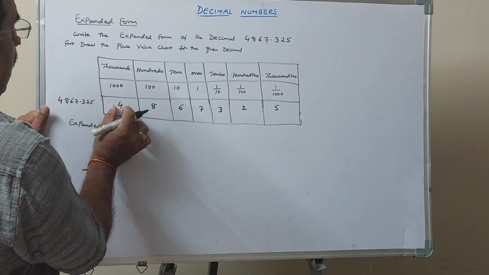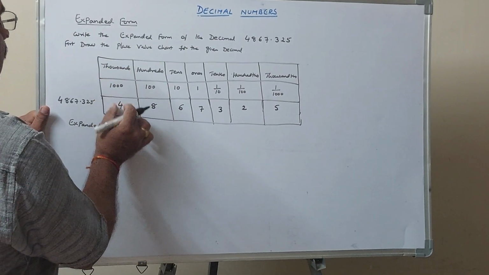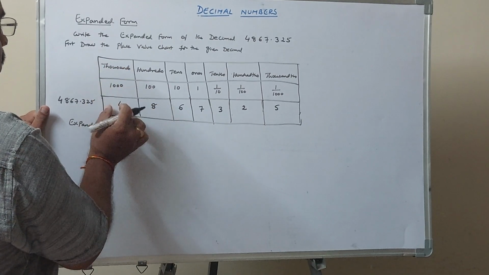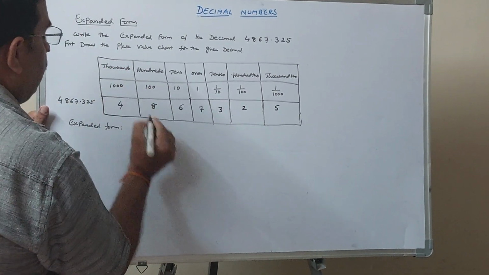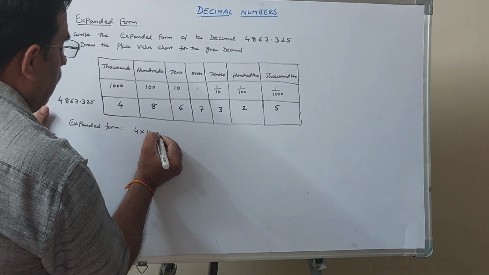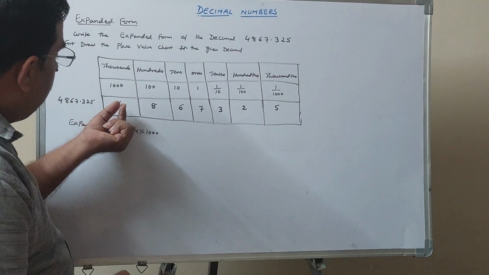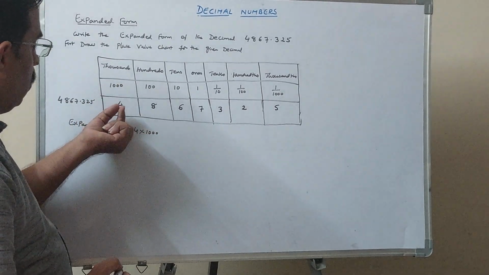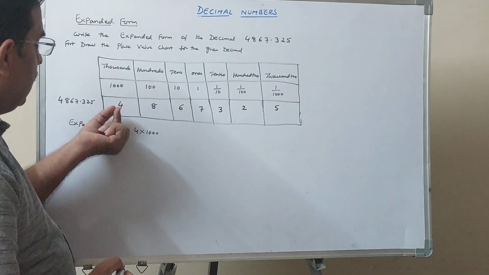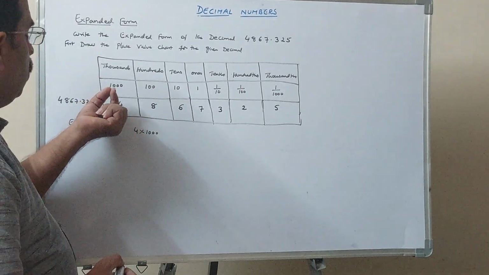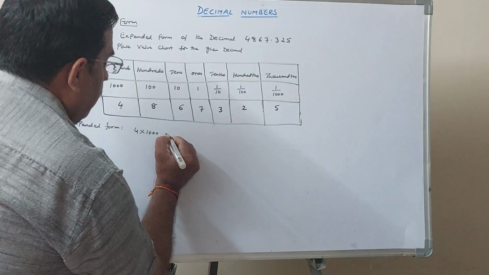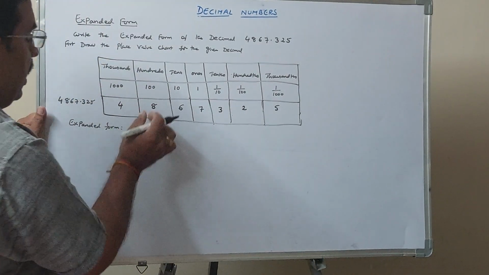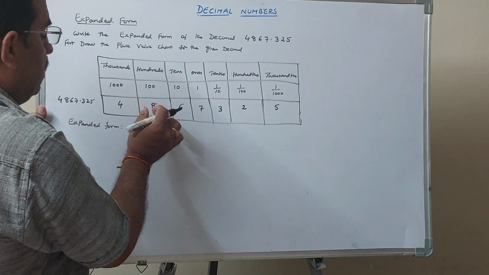Here the 4 is in the thousands place, so 4 into the place value 1000. So 4 into 1000 plus the digit 8 is in the hundreds place.